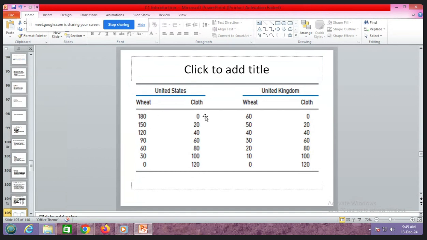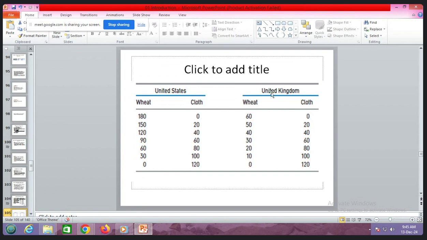So on one extreme, if it doesn't produce any cloth, the maximum it can produce is 180 units of wheat. And if it doesn't produce any wheat, the maximum it can produce is 120 cloth. This is for United States. This is the production possibility frontier for United States.